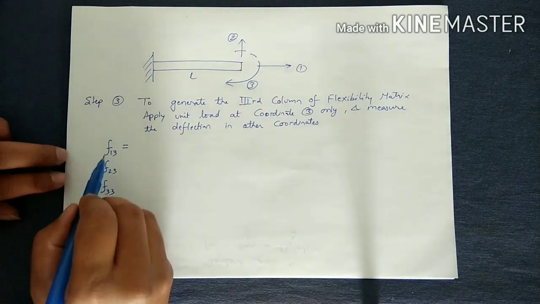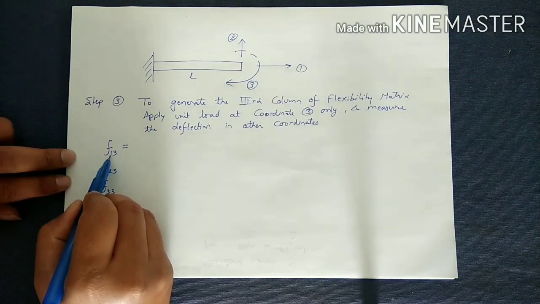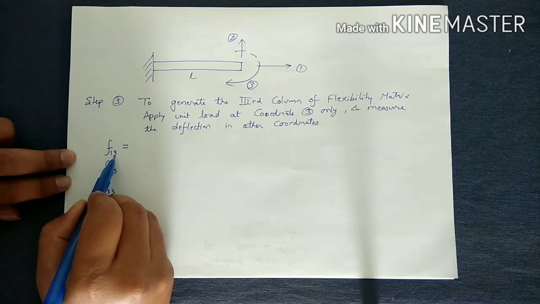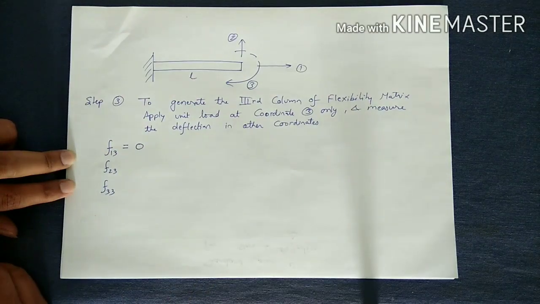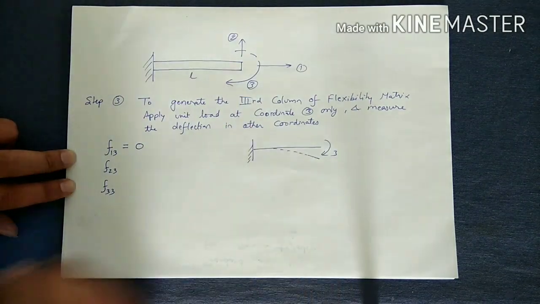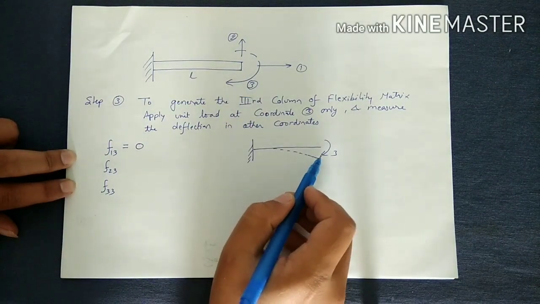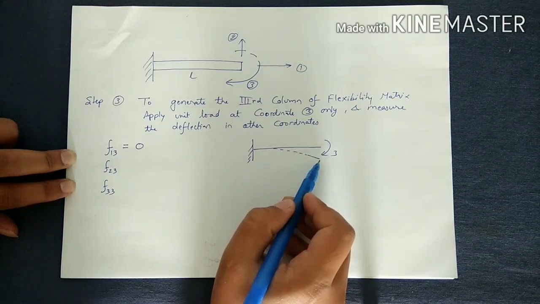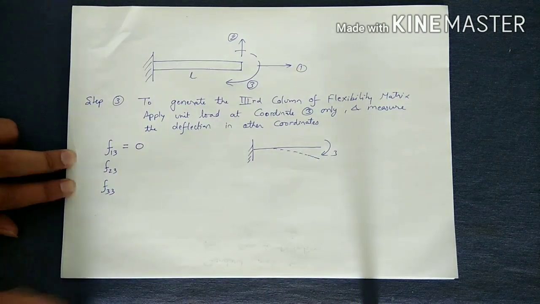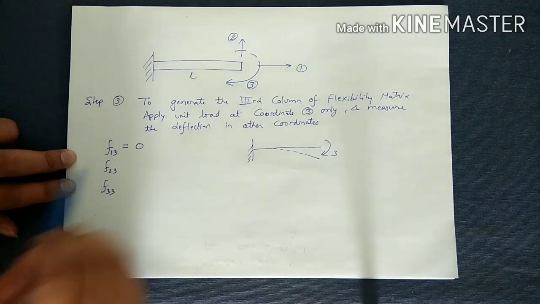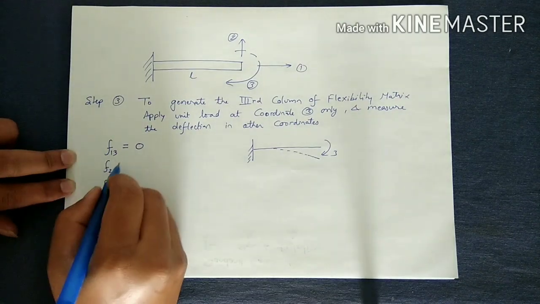Therefore flexibility at 1 when unit moment is applied at 3 will be equal to 0, since this unit moment will deflect the beam in the downward direction, not in the horizontal direction. Therefore, F13 will be equal to 0.